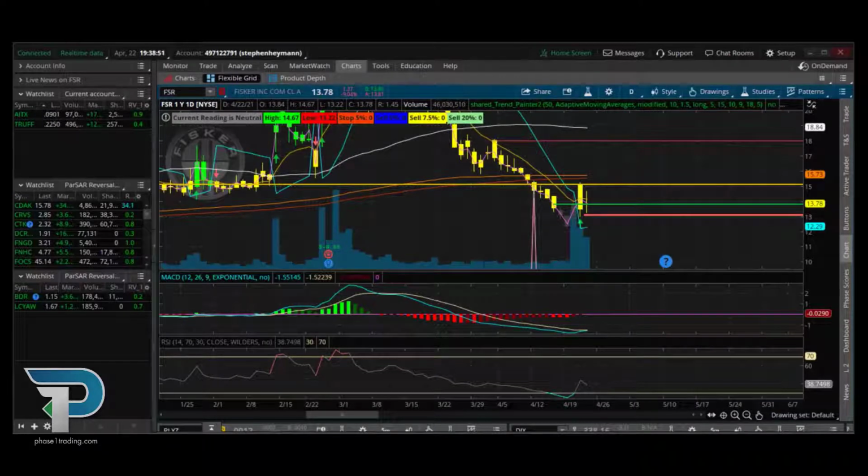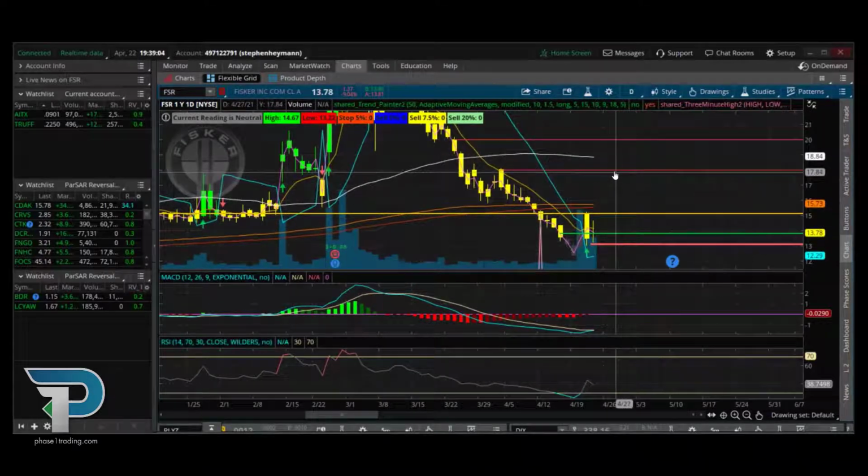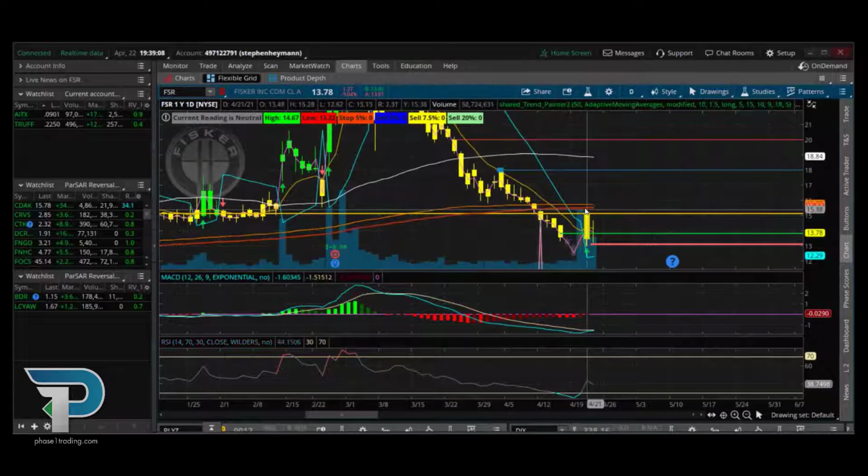I want to see a reclaim of that line first. That's what I want. I know it's eating shit. We can see that FSR is eating shit. That's okay. So let's go back to the chart that I mucked up a lot. It's this red line right here. That's the 200. Yep. Okay.